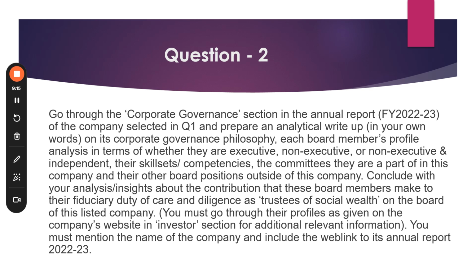Conclude with your analysis about the contribution these board members make to the fiduciary duty of care and diligence as the trustees of social wealth on the board of the listed company. You must go to the profiles as given on the company's website in the investor section for additional relevant information. You may mention the name of the company and include the web link to its annual report.